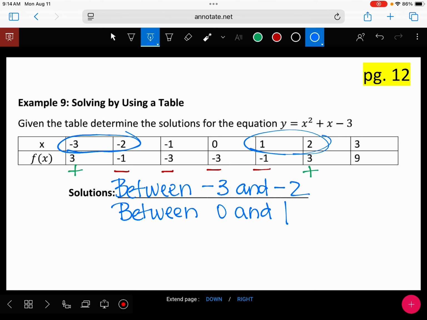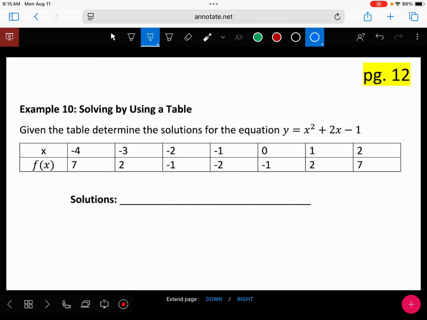All right, let's go ahead and look at it together. So example 10. All right, so I'm looking at my y values. I'm starting off positive, then I got a positive 2, and then it flips to a negative 1. So that tells me that my first solution is in between negative 3 and negative 2.